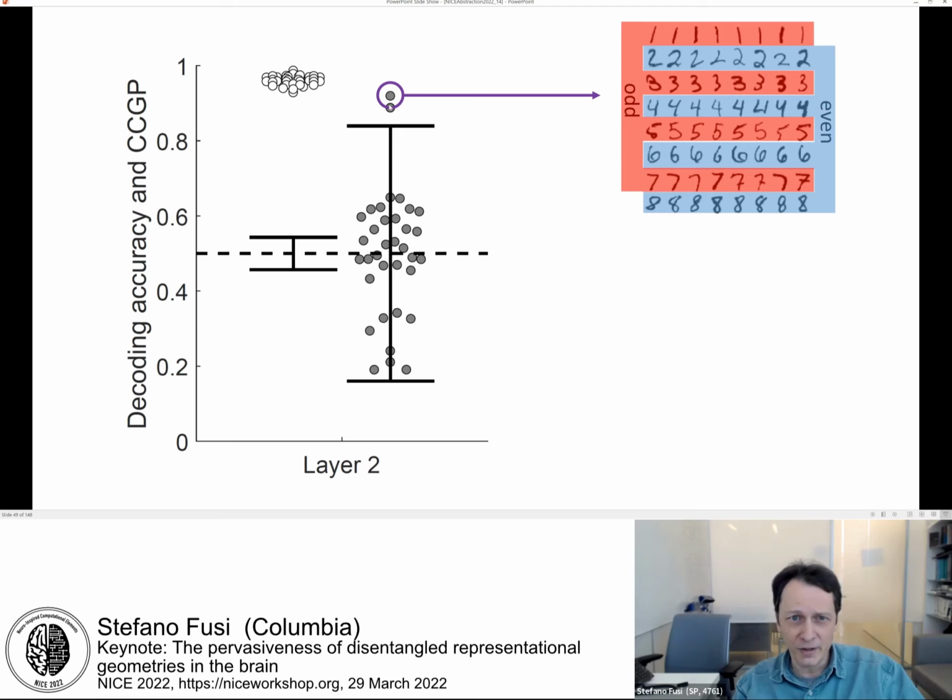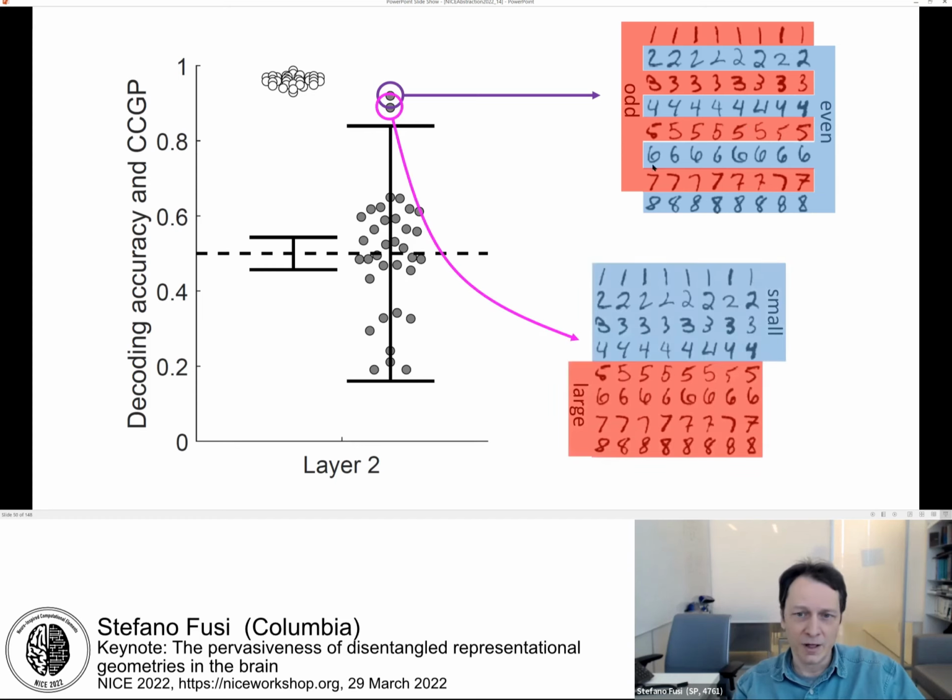Again, every point is a different dichotomy. So the nice thing here is that you see that there are only 2 dichotomies that have a significant cross-condition generalization performance. One is parity, and the other one is magnitude. And then there is a large gap here, and all the others are actually indistinguishable from a representation in which the centroids would be at random locations.